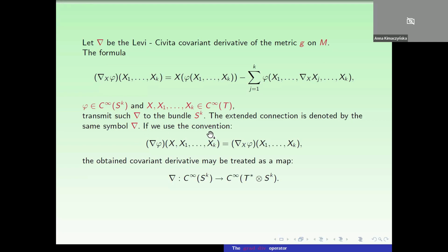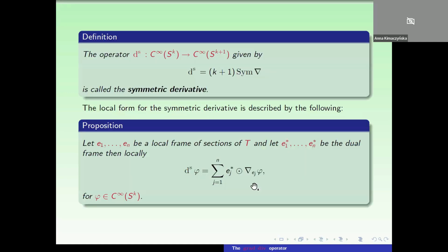The extended connection is denoted by the same symbol, and we use the convention that we put here from the first place. The obtained covariant derivative may be treated as such a map from C infinity of S^k to C infinity of T* tensor S^k.